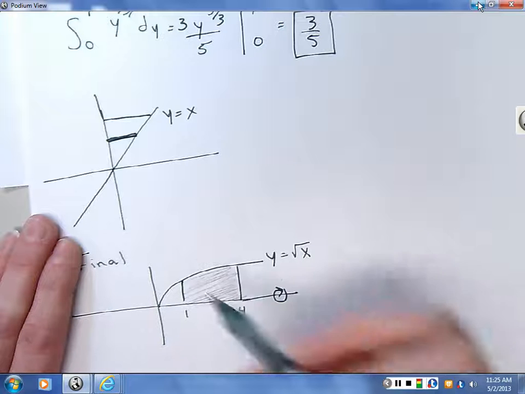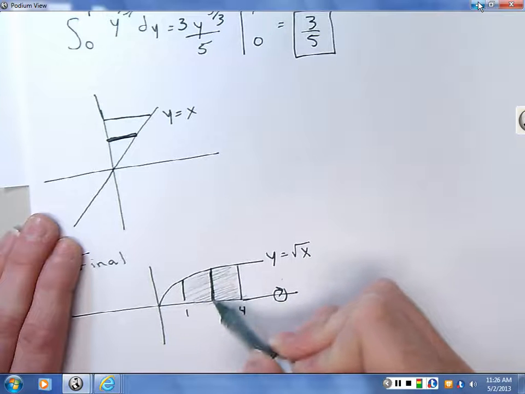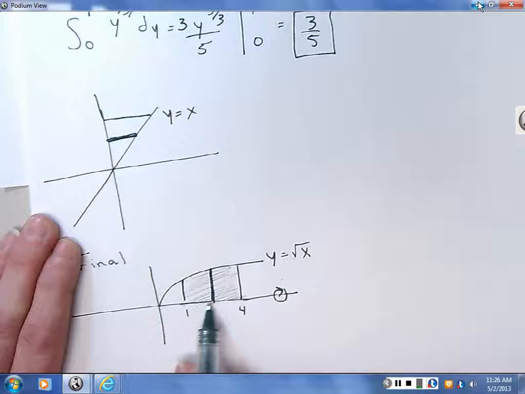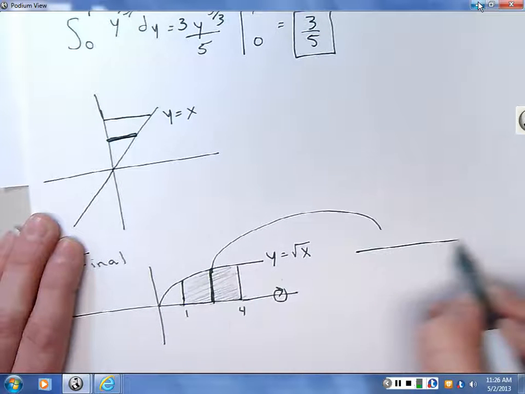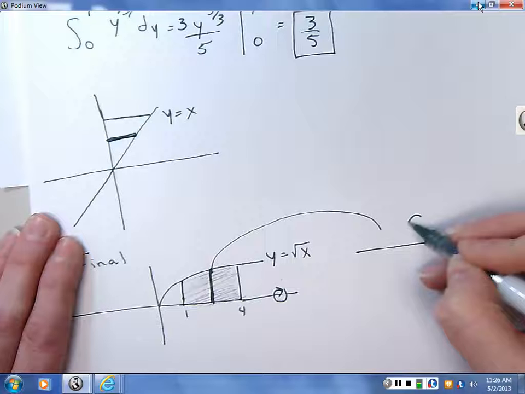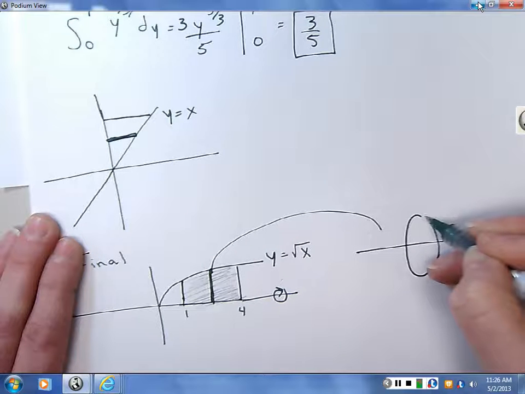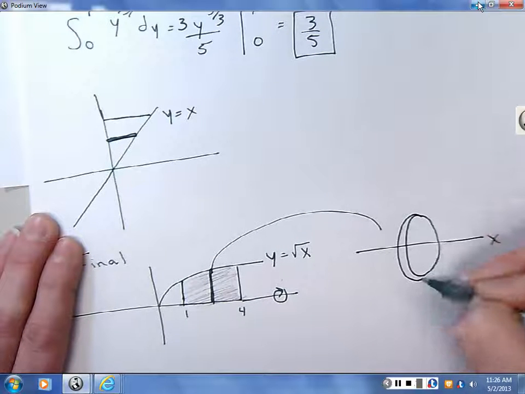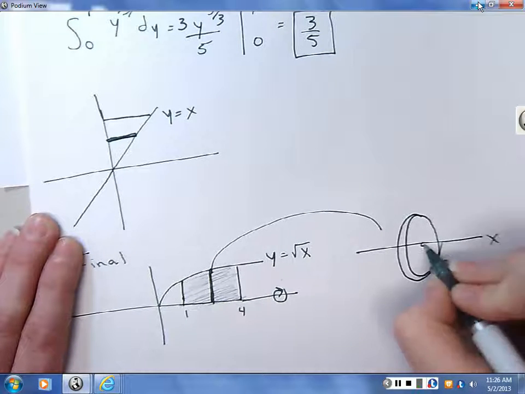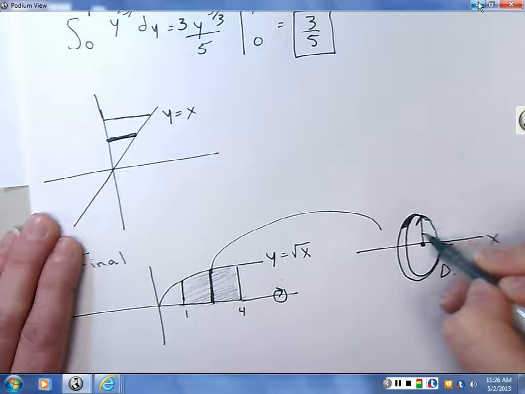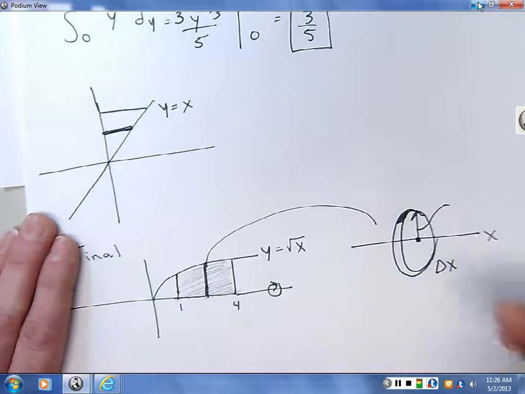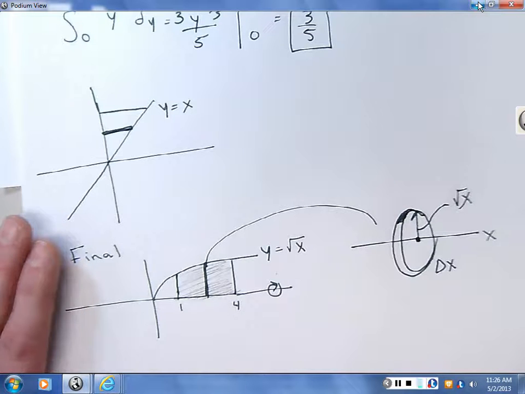I draw a cross-sectional area. Since I'm rotating it about the x-axis, I draw my cross-section perpendicular to the x-axis. I draw my axis of rotation. My slice is perpendicular to the x-axis, so this is dx. The distance from the axis of rotation to the outside function is the square root of x. This is about as easy as it gets, right?